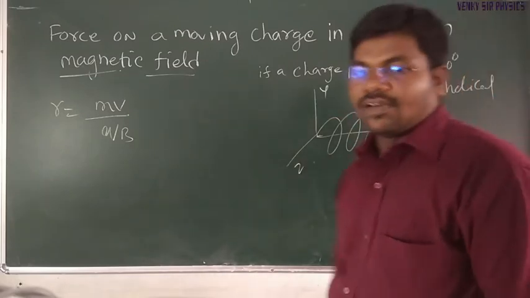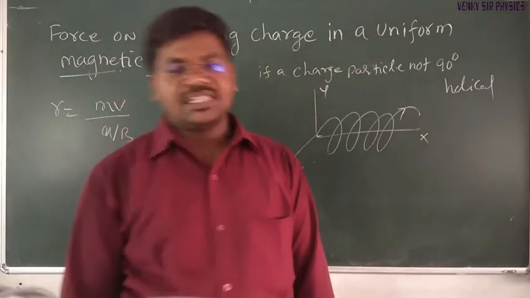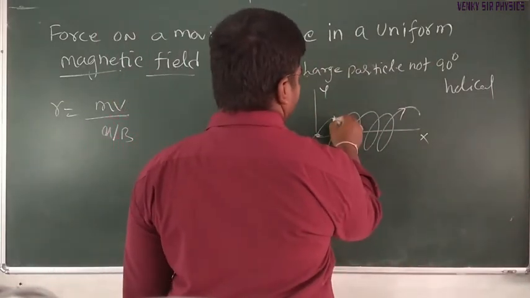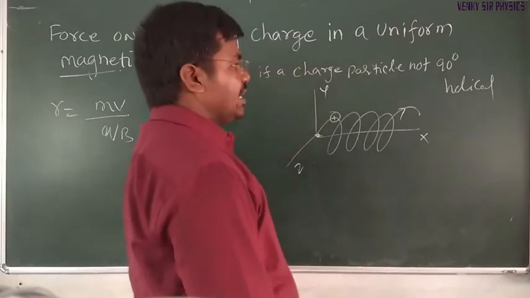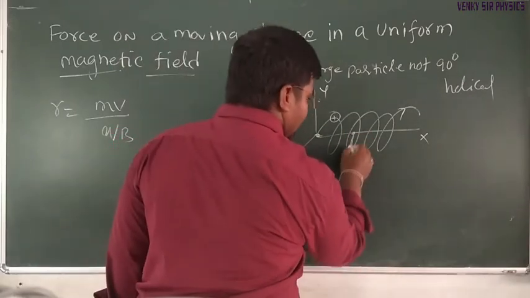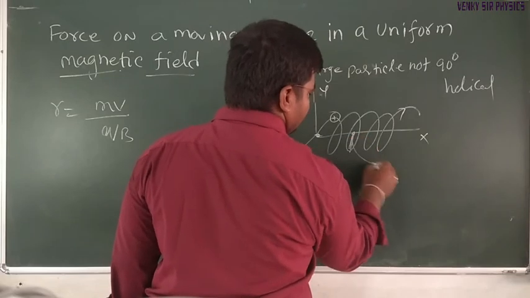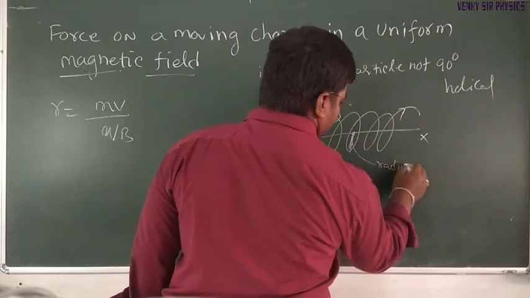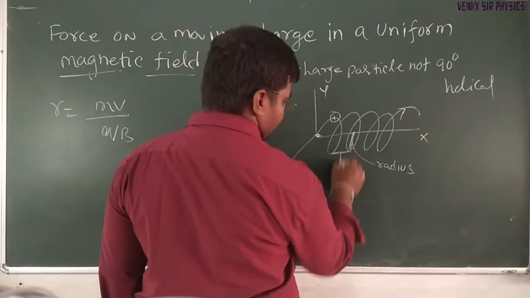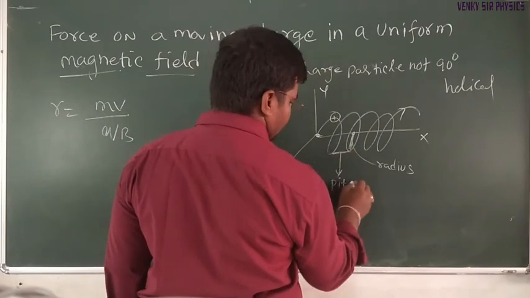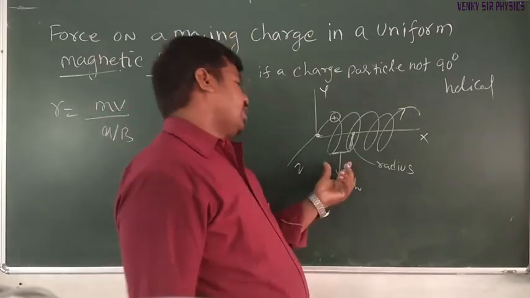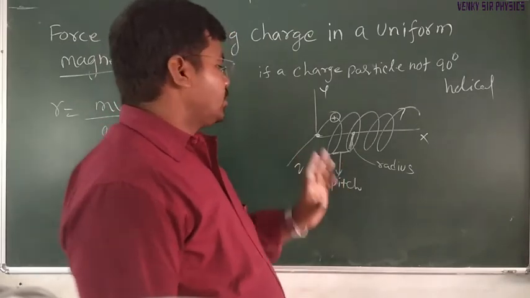Understand? The path of the charged particle is given by helical motion. This is the radius, and the distance between one circle and the next, the distance between the same point on two circles, we call the pitch.